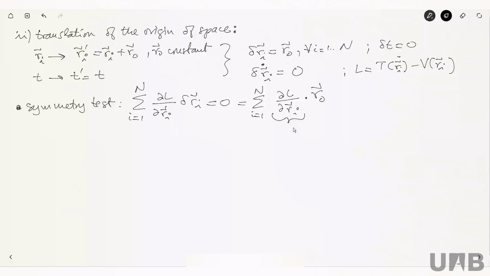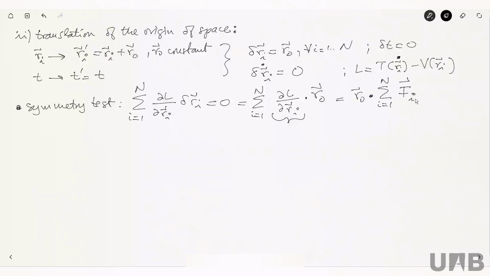the conjugate momentum. Yes, this is true, but just look at this expression. What you said is true, but it's going to look more familiar if you look at this expression and you take the derivative with respect to Ri. The force. Exactly, it is the force. So R0 does not depend on i, I can pull it out. So this is R0 dot the sum from i equals 1 up to N of the force acting on the ith particle.